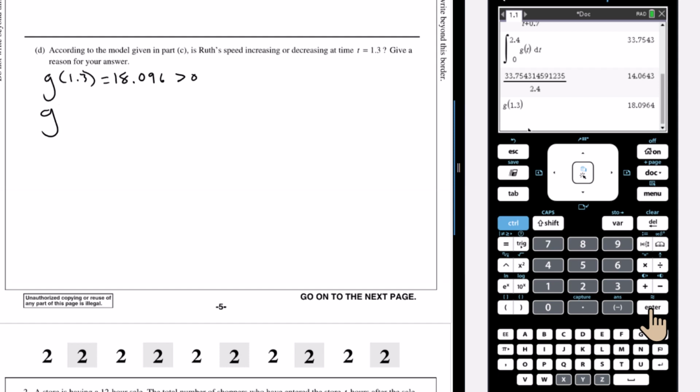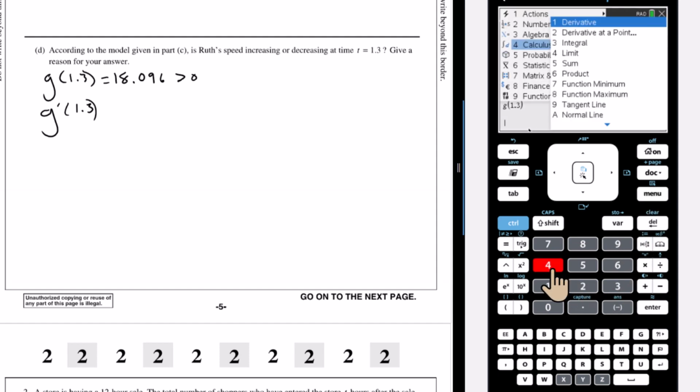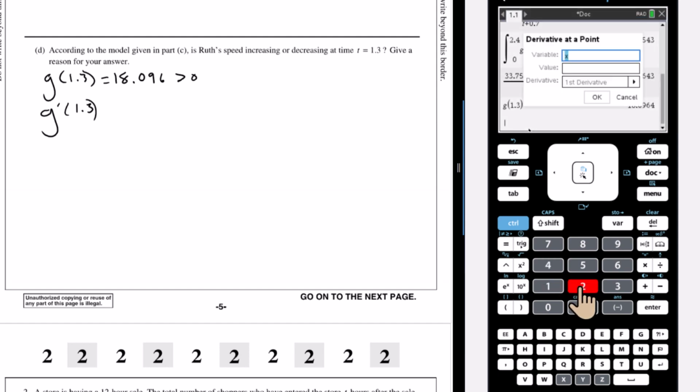The next thing I want is the acceleration, which is g prime. So I'm just going to find the derivative now. I'm going to come over here, go Menu, number 3, number 4, Calculus, number 2, Derivative at a point. My value is going to be t, not x. The value I want is 1.3.